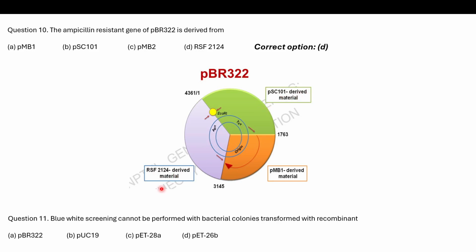Now, we just read about blue-white screening. So, blue-white screening cannot be performed with bacterial colonies transformed with which of the following vectors? Can anyone give it a try? I think the answer is also in the slide itself.